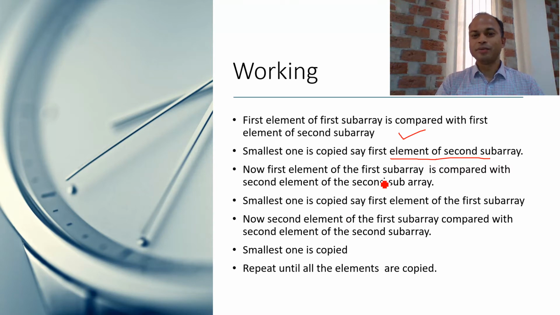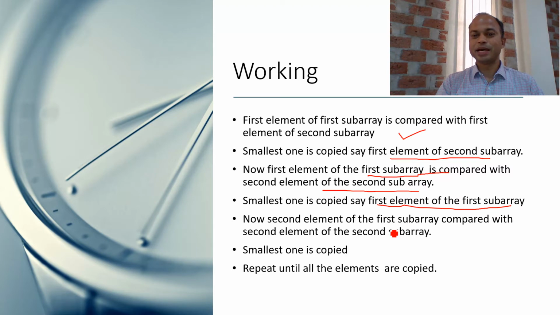So the first element of the second subarray we have taken. Now we will compare the first element of the first subarray with the second element of the second subarray, because the first element of the second subarray we have already taken. After it, the first element of the first subarray is copied because this is now the smallest, for example.